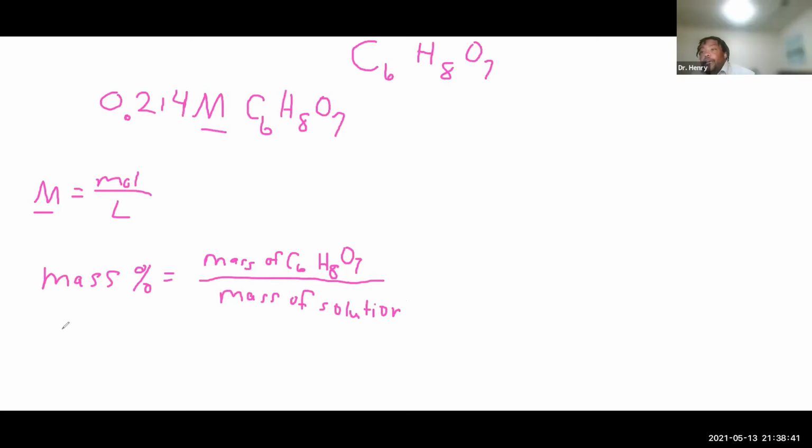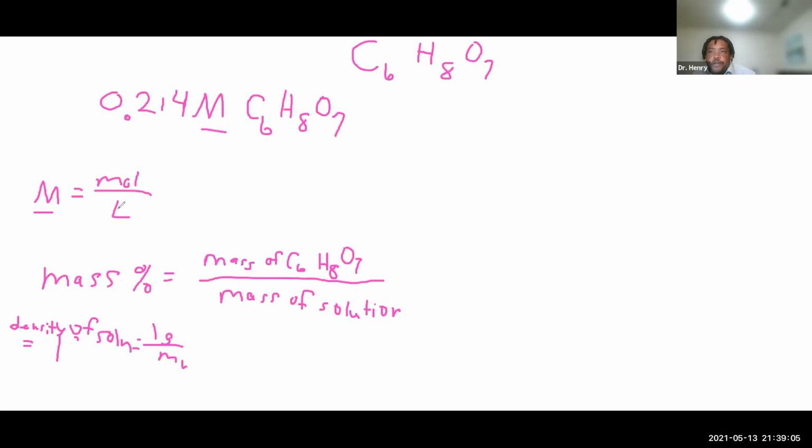We said the density of our solution equals 1 gram per milliliter.